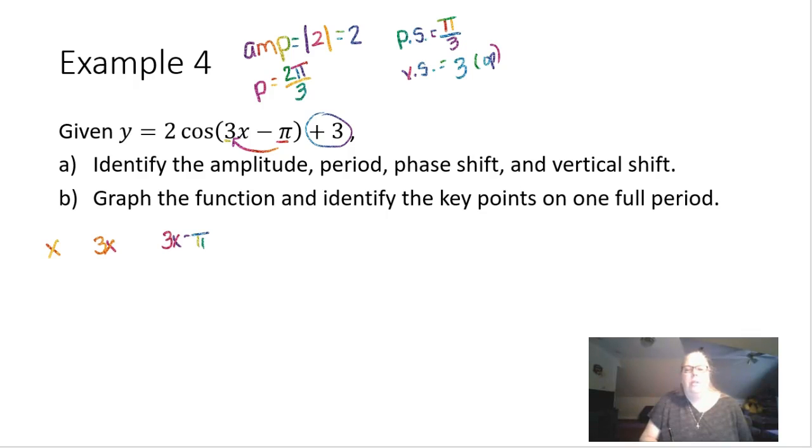Then we're going to take the cosine of it. Then I have to double it. And again, we're doing this by the order of operations here. And then the last thing I want to do is add that 3 to it.